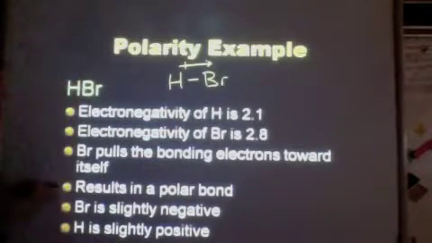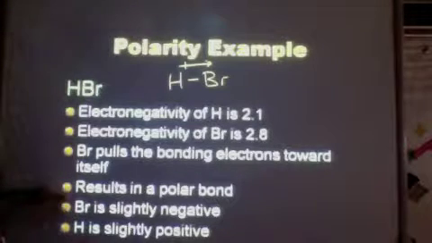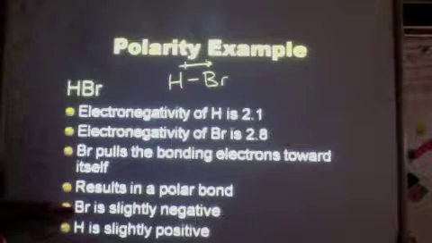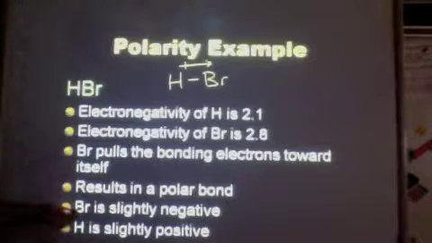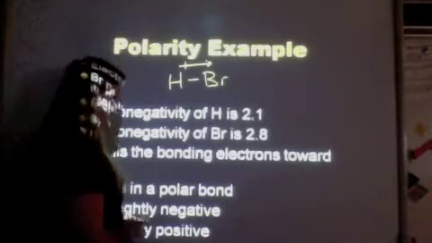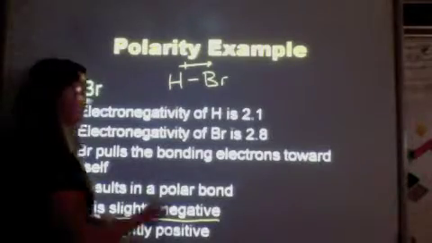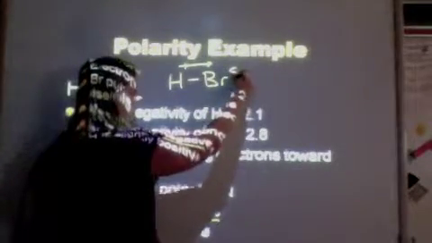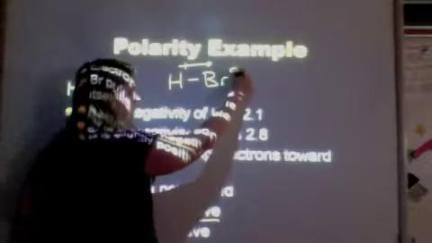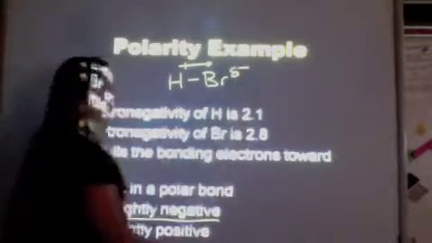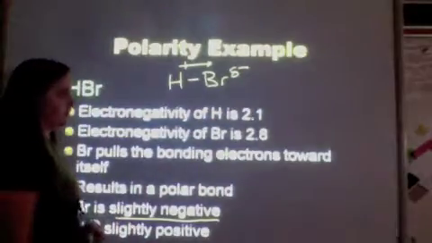Now, when this happens, it causes a polar bond. Bromine is being the electron hog, and electrons are negative. This means bromine is going to become slightly negative. The symbol for this is an unfinished 8. You start to make your 8, you come to where you're about to cross over and stop. So you have an unfinished 8 and a negative.